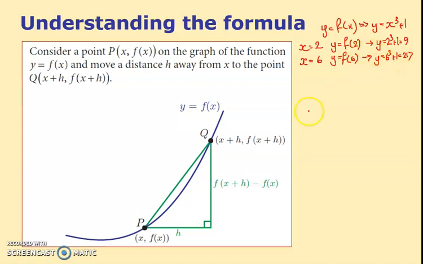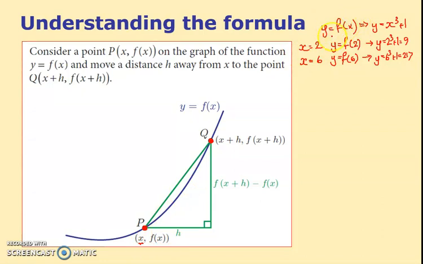Now, I've basically got a function y equals f of x, and I want to do it for 2 points on my curve. I don't know what the points are, but what I do know is that I've got one point which is at some magical point x. So if I want to know its y value, it's just y equals f of x, because that's what this does.